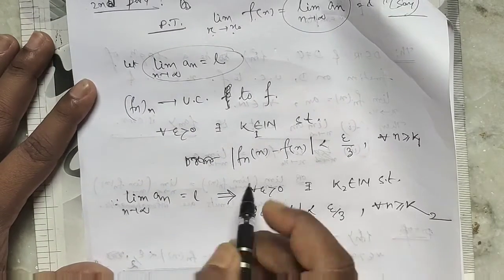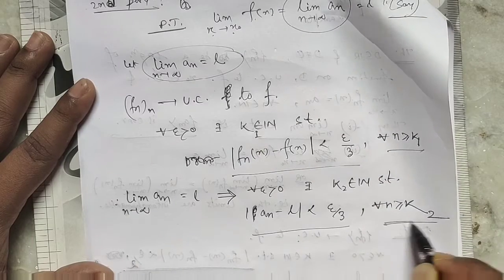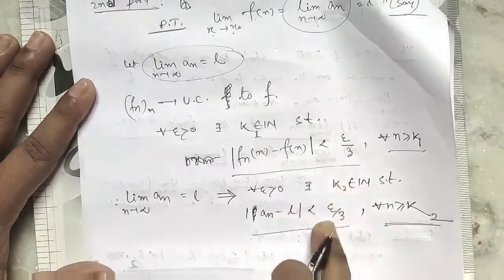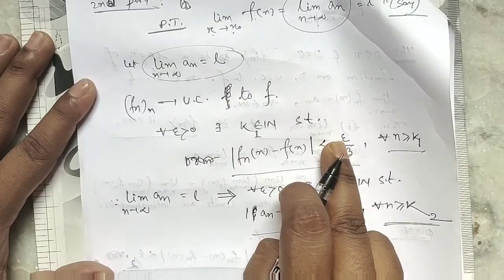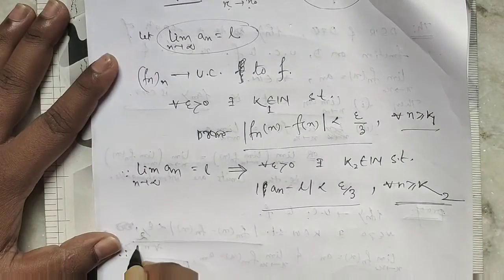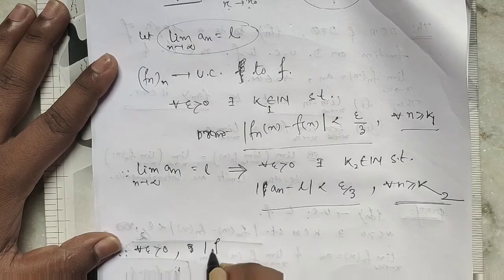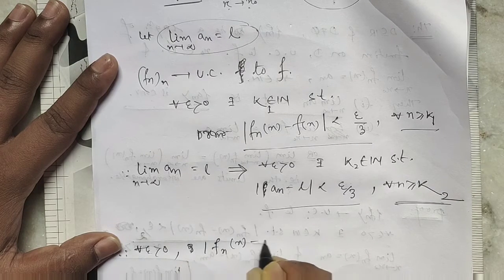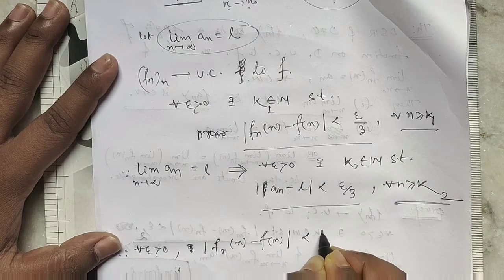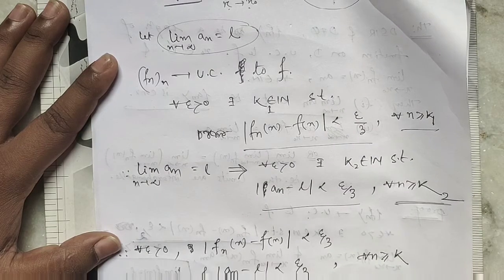So the first is true for all n greater than or equal to k1, and this is true for all n greater than or equal to k2. So both are true for all n greater than or equal to k, where k is the maximum of k1 and k2. Therefore for each epsilon greater than 0, mod of fn(x) minus f(x) is less than epsilon by 3, and mod of an minus L is also less than epsilon by 3 for all n greater than or equal to k.